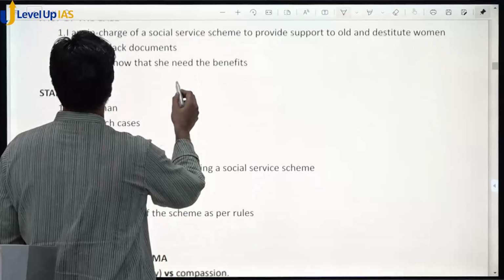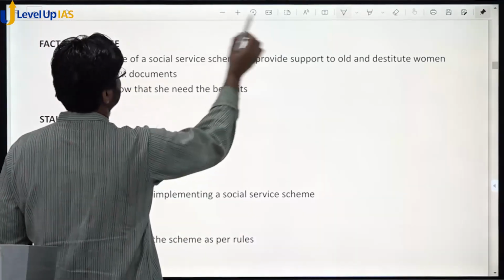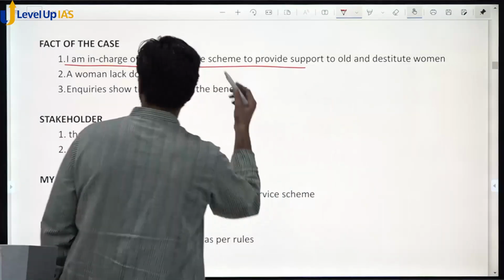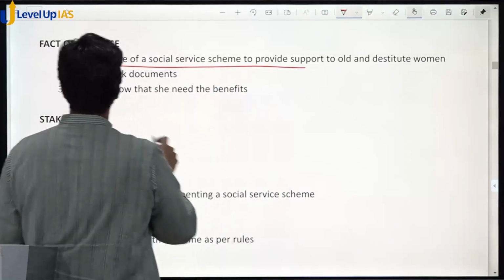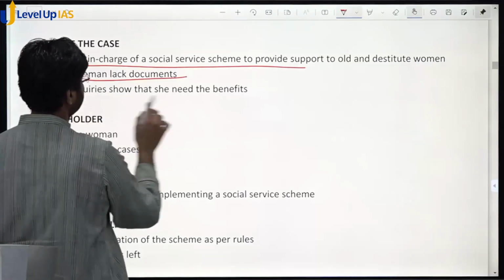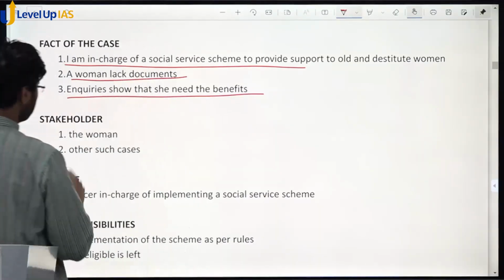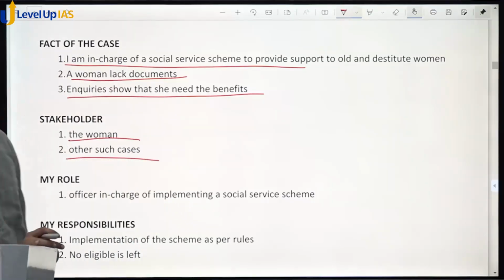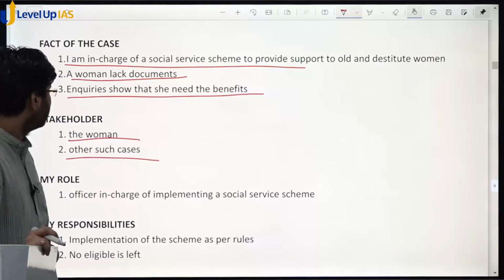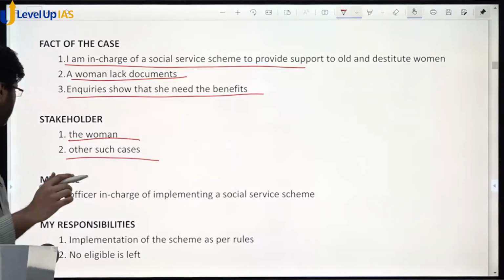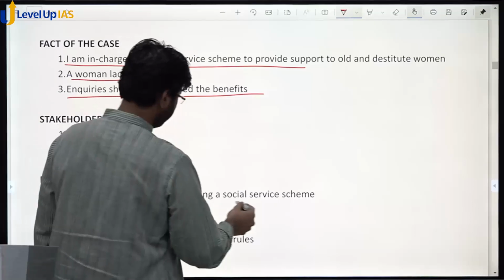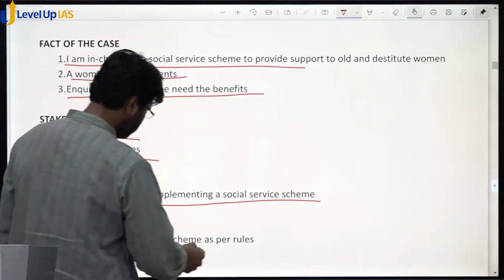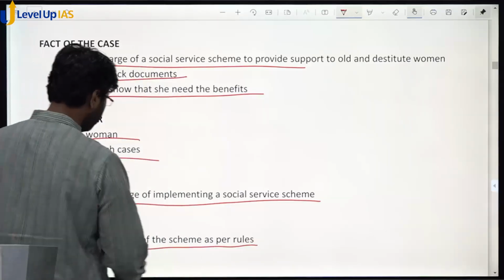Now first, the facts of the case that we discussed. What is the scenario? I am in charge of the social scheme. That is the fact; just to understand, you don't have to write it like this. A woman lacks documents, but the enquiry shows that she needs help. Who is the stakeholder? The woman, and other such cases, because if she is real there would be cases like hers, and they are the stakeholders. Officer in charge of implementing the scheme, that's my role. My responsibility is implementation of the scheme as per the rules so that no eligible person is left out.